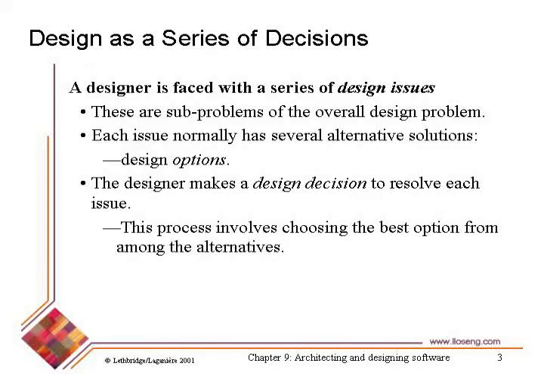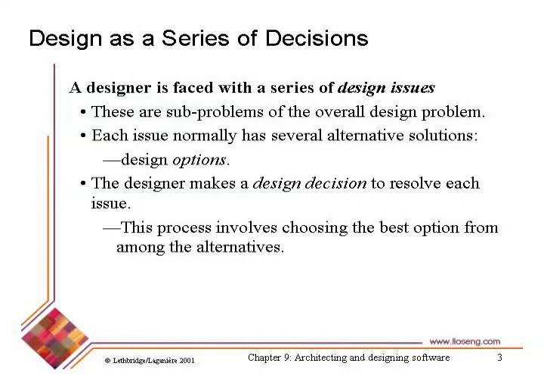Okay, so the design process involves a series of design issues that we have to resolve. Now you've seen this concept. When you are doing your requirements, in the current assignment, you're writing down issues that you have to consider in requirements. Well, it's the same thing in design. When you're doing design, you have a bunch of issues.